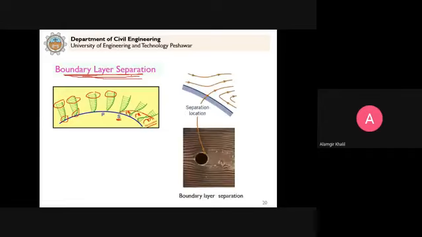To understand this, you can see here a fluid flow past this object. These are the streamlines which are shown here.